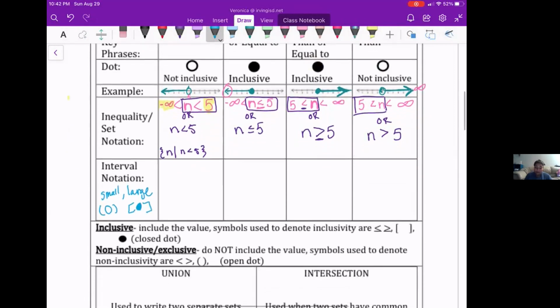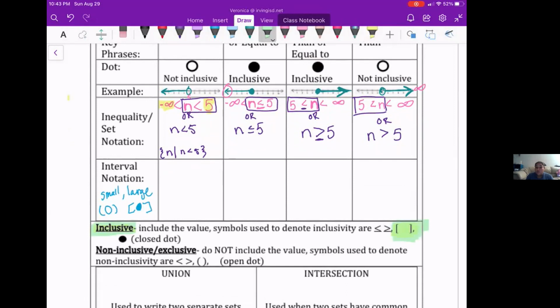Now, please keep in mind that there is a little teensy weensy typo on the notes. Oops, I'm sorry. If these notes were printed before I fixed them, then right here where it says inclusive, you may have the wrong brackets. So make sure that your notes look like mine. Let me highlight it with green just so you can see it more.